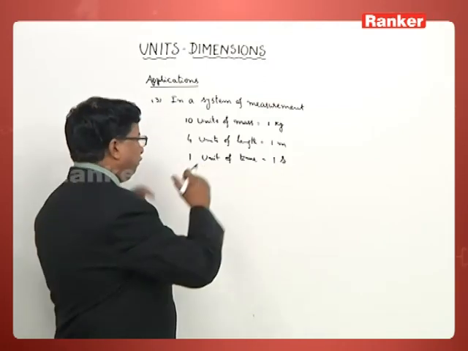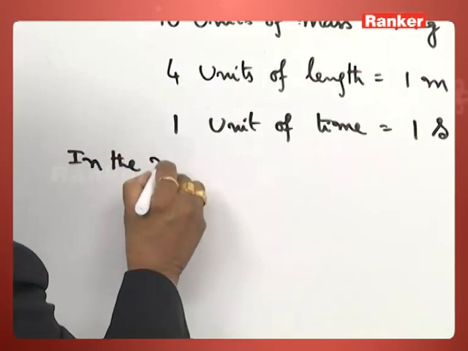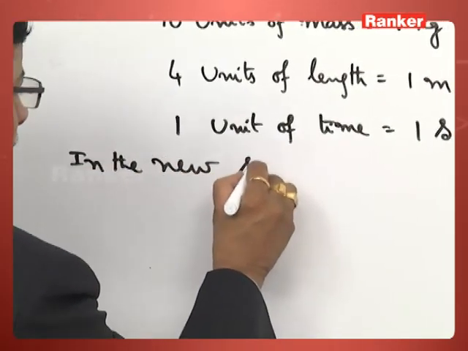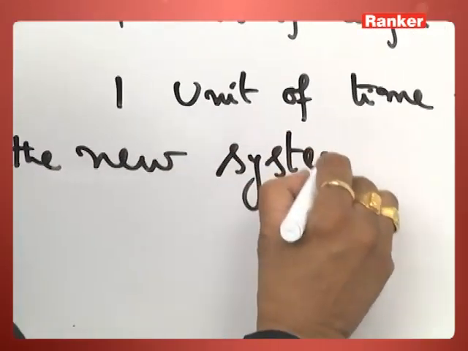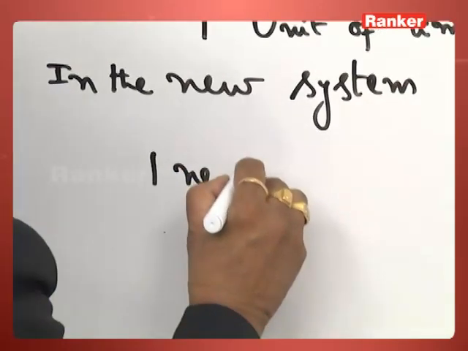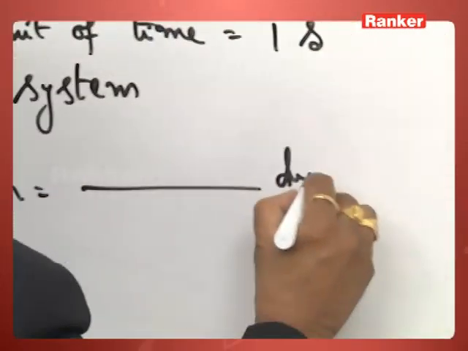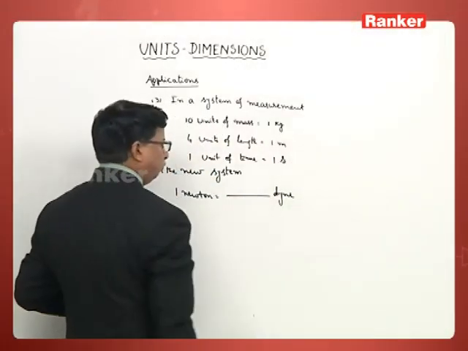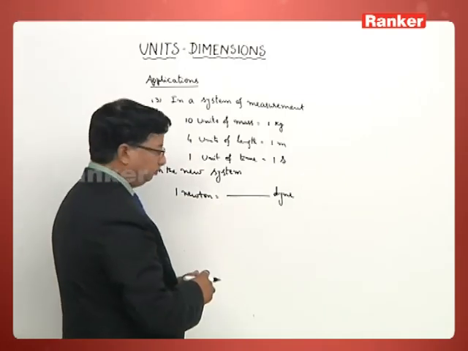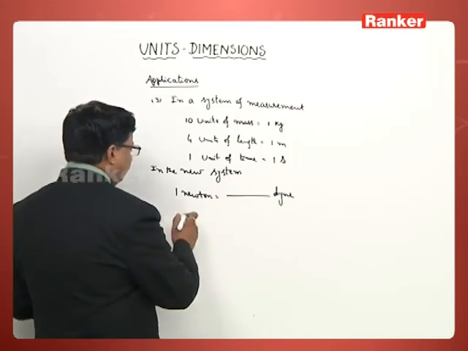Now, the question is, in the new system, whatever the system that has been adopted now, 1 Newton is equal to how many units? That is the question.